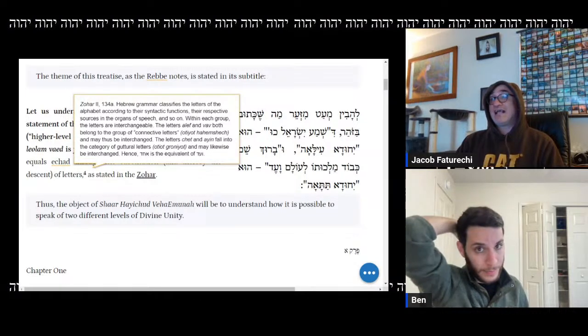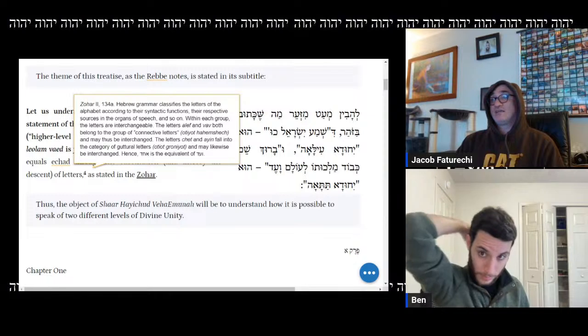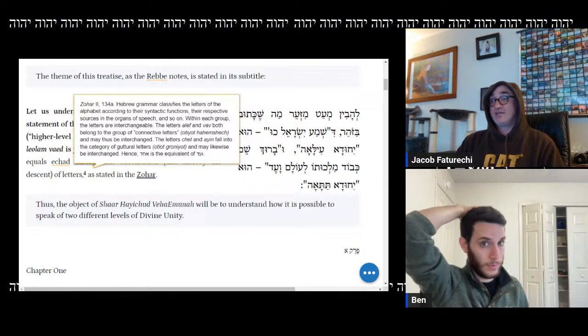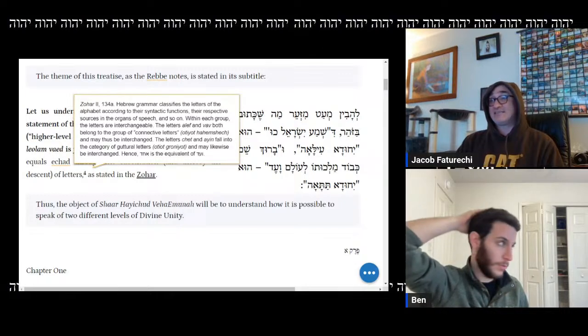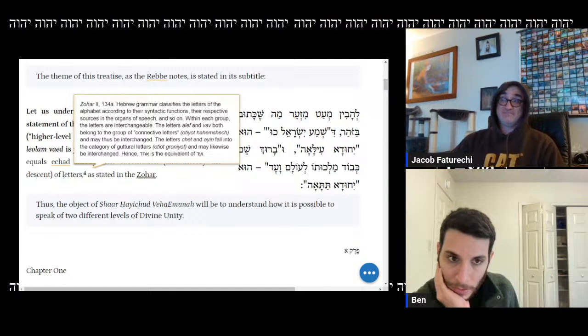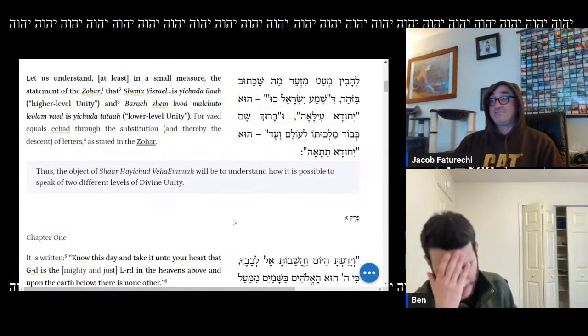The letters Het and Ayin fall into the category of guttural letters, Otiot HaGronit, and likewise may be interchanged. Hence, Echad is the equivalent of Va'ed. Imagine that.